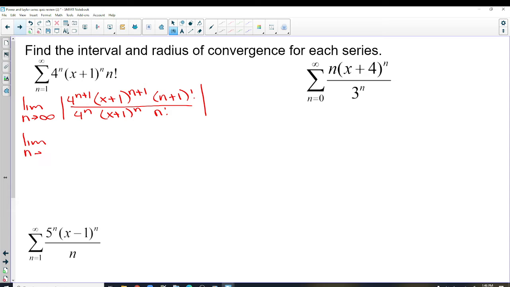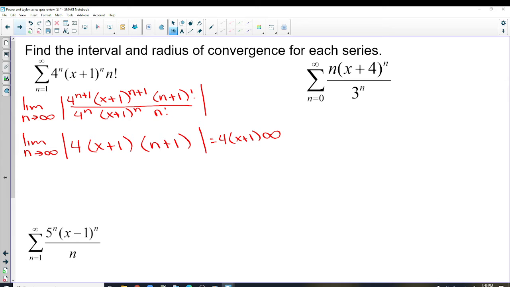Limit as n approaches infinity: an extra 4, an extra x plus 1, and the n factorials cancel and you get n plus 1. This is equal to 4 times x plus 1 times infinity.